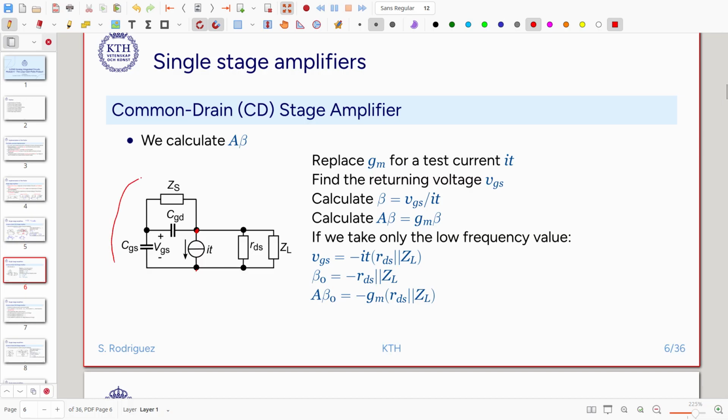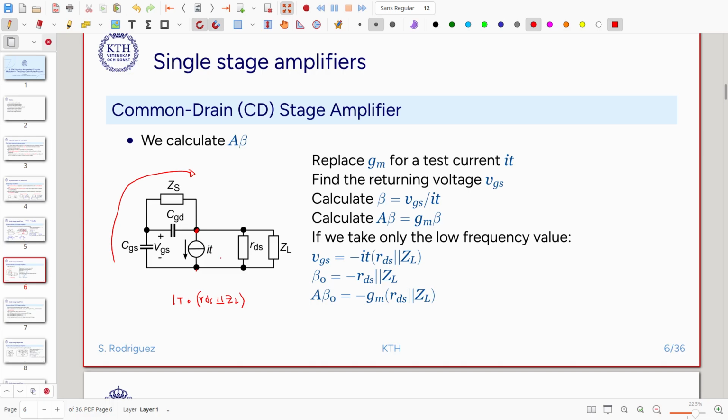That will be equal to IT times all the impedance on the other side, that will be RDS in parallel with zeta L. Okay, that will be the voltage.